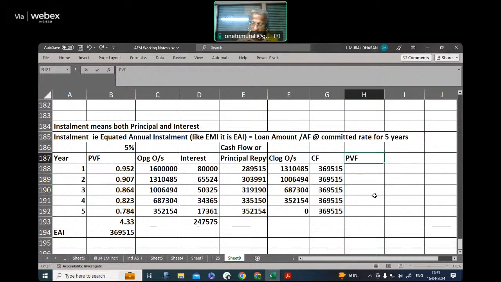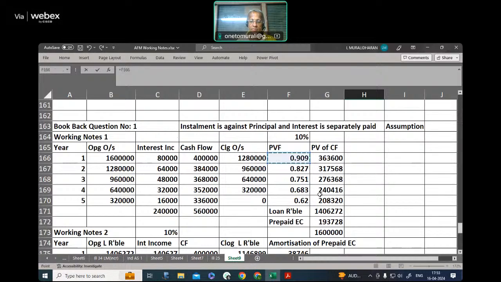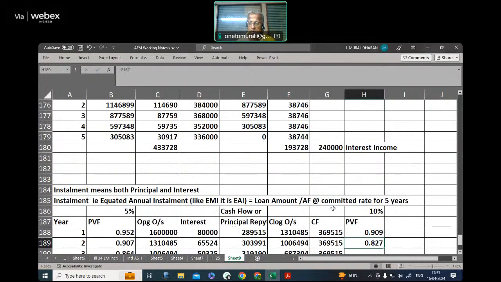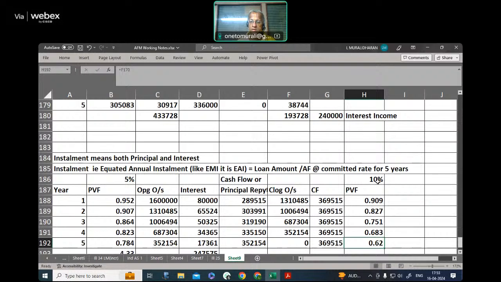Then PVF to be taken up at 10%. PVF we have already developed that number. Present value of cash flow.